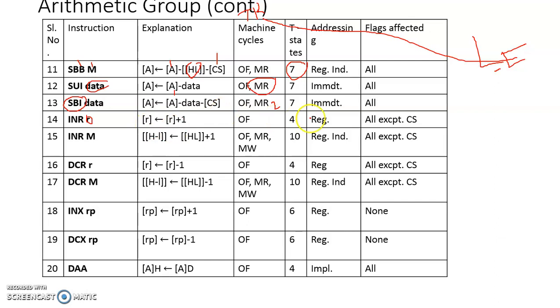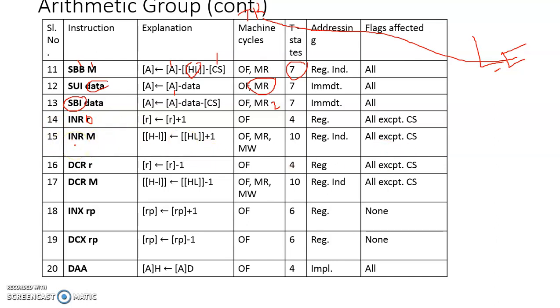Hence, addressing mode is register addressing mode. Now, these instructions affect all the status flags except carry. That means carry status is not affected. However, the remaining 4 out of the total 5 will be affected.